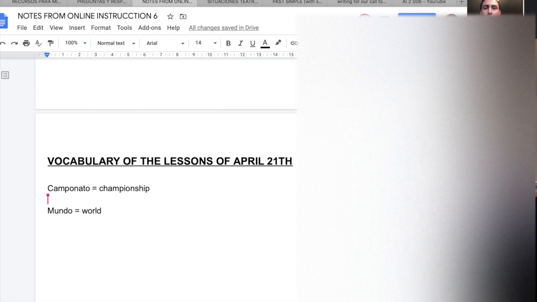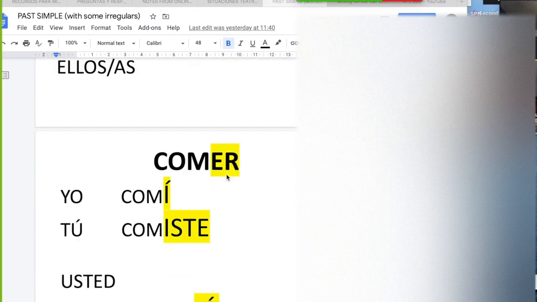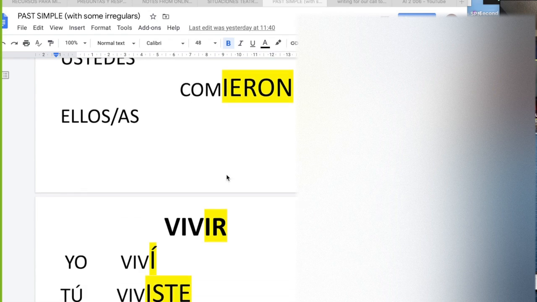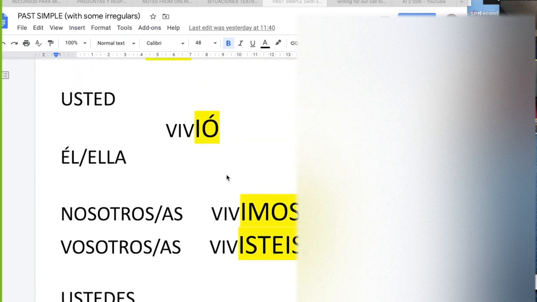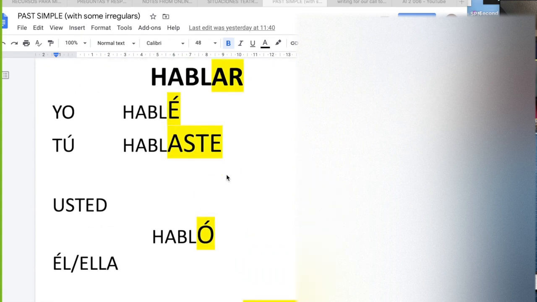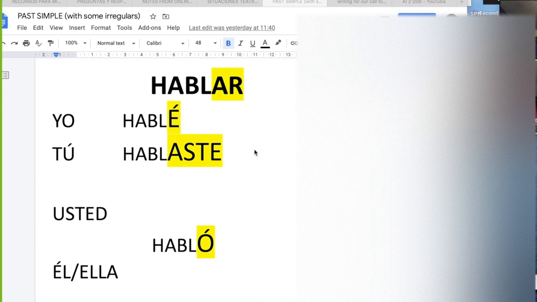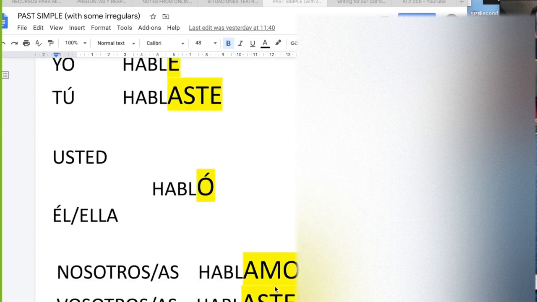Mirad, chicos. A ver, I wanna share this document. Hoy vamos a trabajar mucho aquí, ¿vale? ¿Recordáis? La semana pasada nosotros miramos el past, ¿vale? O sea que, Hannah, mira aquí ahora. Nosotros ganamos.